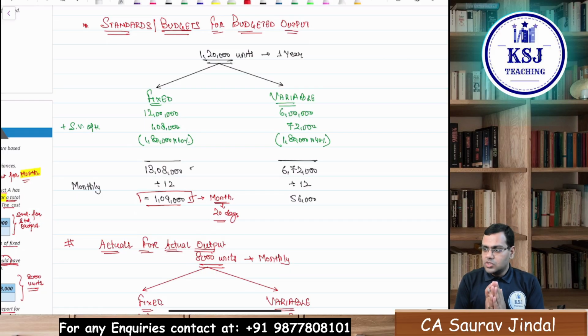Go through all the calculations we have done and try to interpret on your own after this video. It is very important that once the video is done, you go through it once again on your own. It's a kind of self-study that you should be doing. Clear with this? Okay, so we are done with the case study on standard costing.